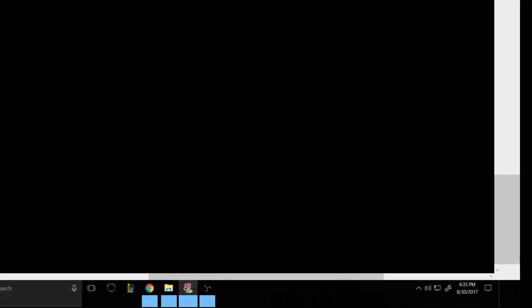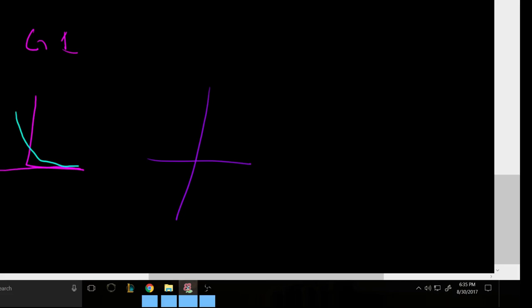All right. For number 9, it asks you to match the different types of graphs. Graph 1 looks like this. Graph 2 looks something like this.